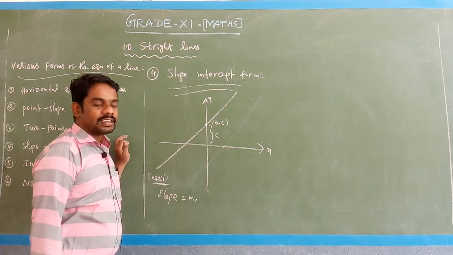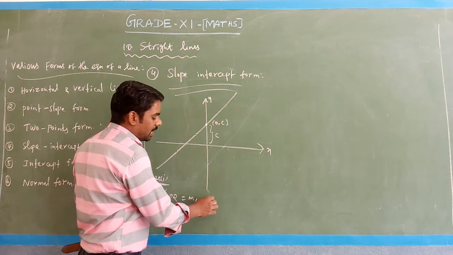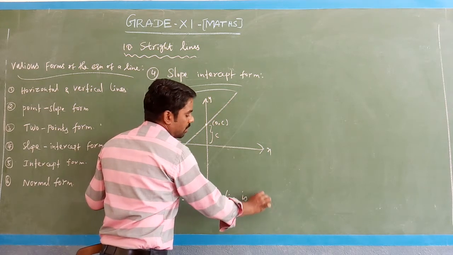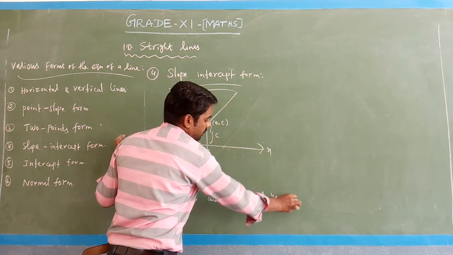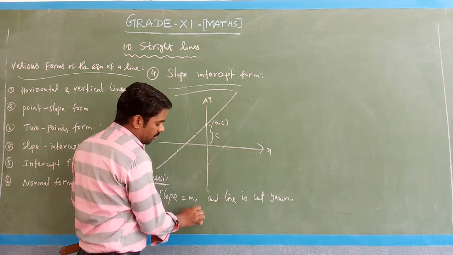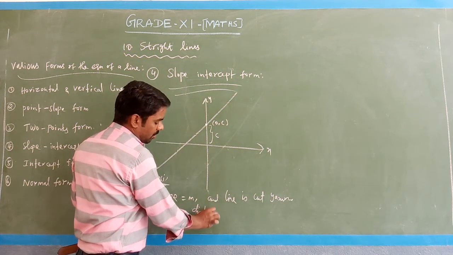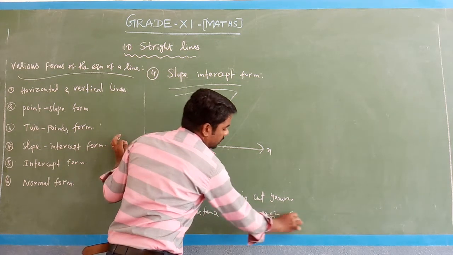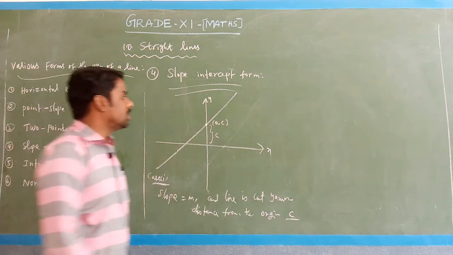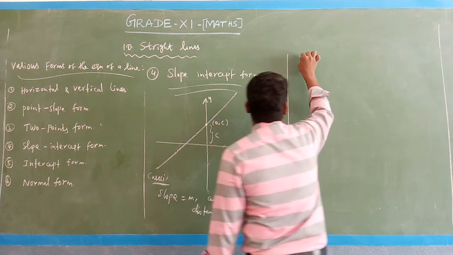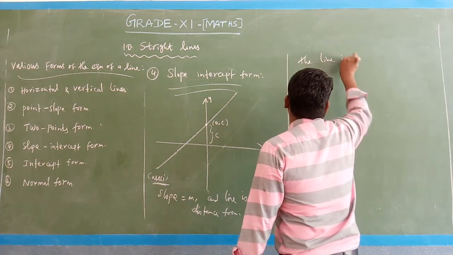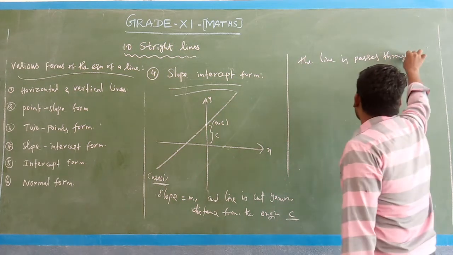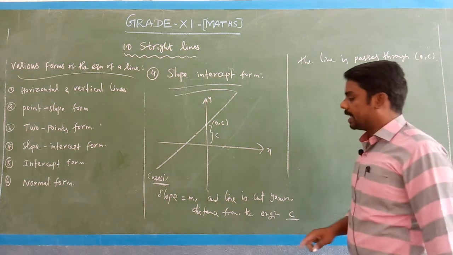The point is 0 comma c, and the slope is m.